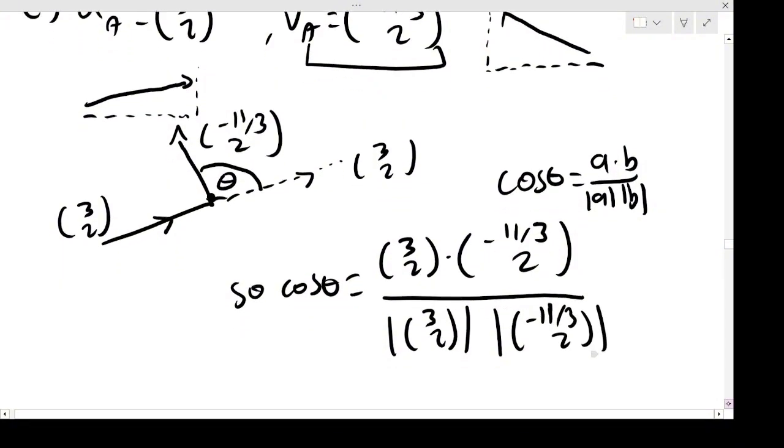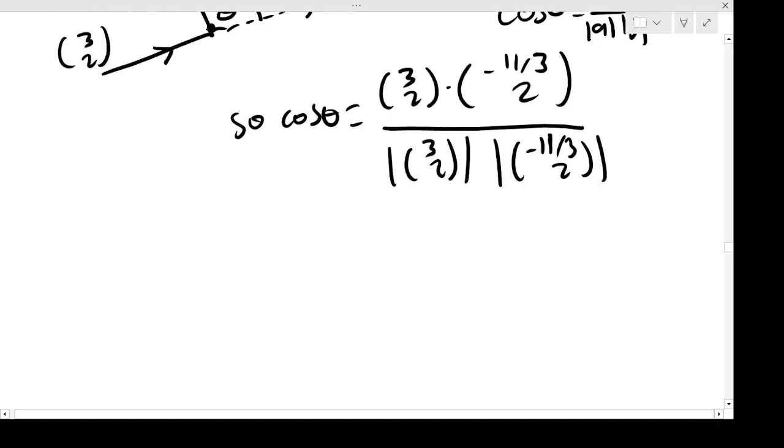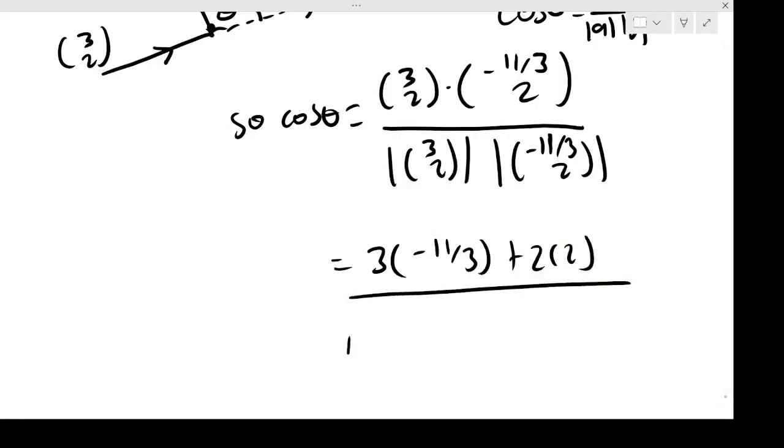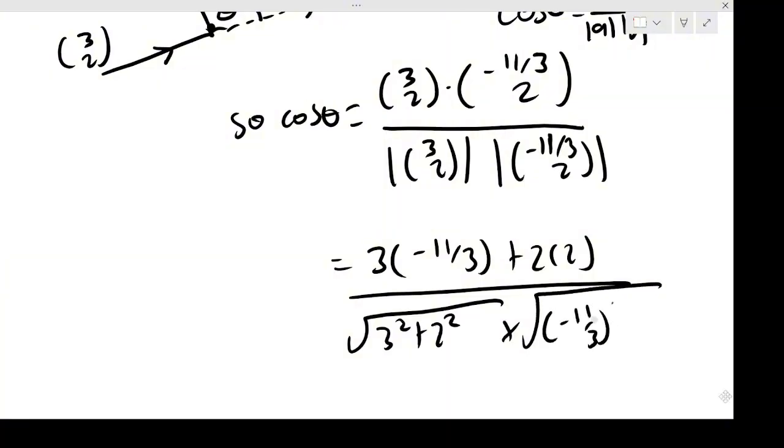So if we work all this out, we're going to get 3 lots of minus 11/3, add 2 lots of 2 over root 3 squared, add 2 squared, times by root minus 11/3 squared, add 2 squared. And so this is just a job for the calculator.